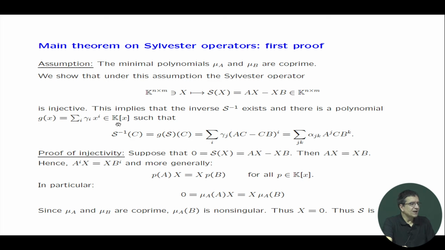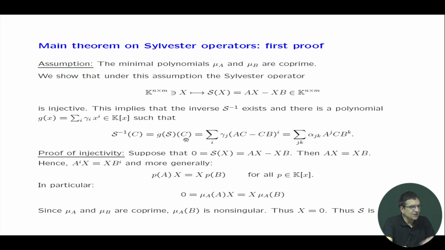Then if these are co-prime, I can prove from this that the inverse exists, and it must be a polynomial.